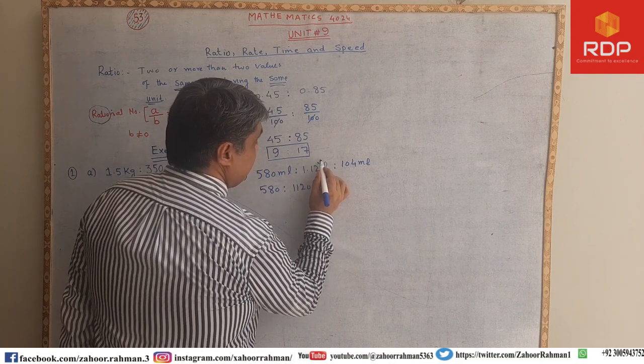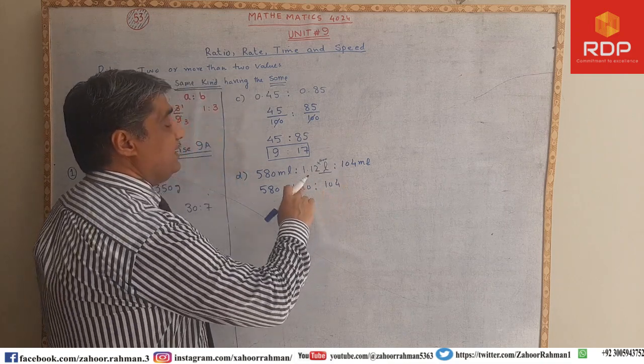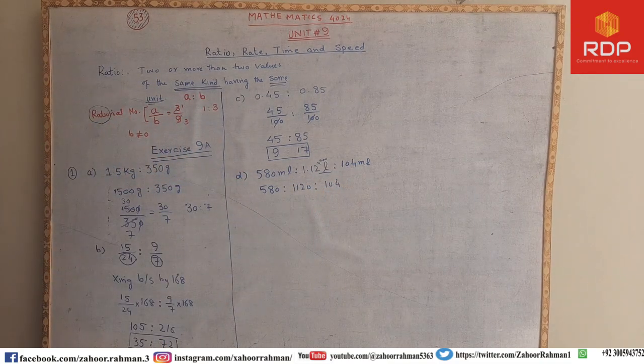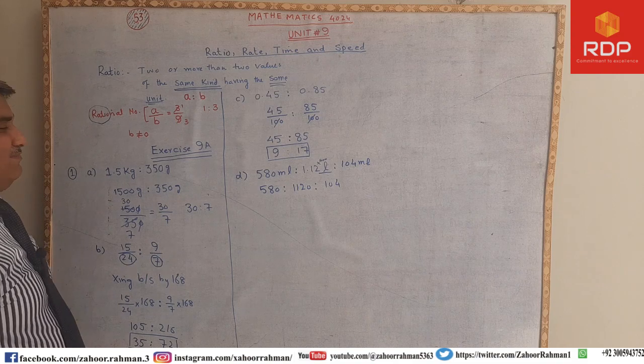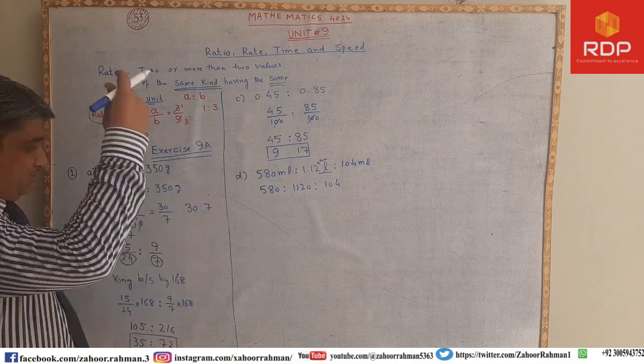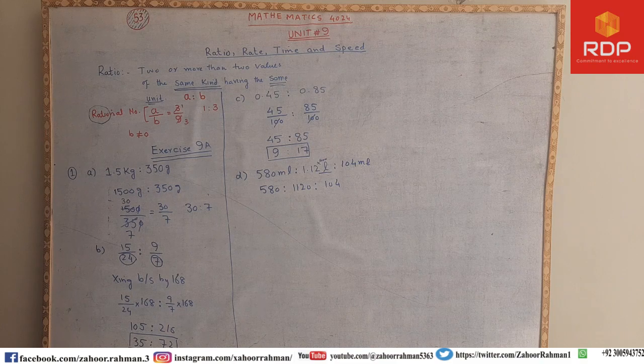By 1000. So when we multiply it by 1000, it will be 1120. Milli means 10 raised to the power minus 3. Going upward it will become 3, and milli means 1000.